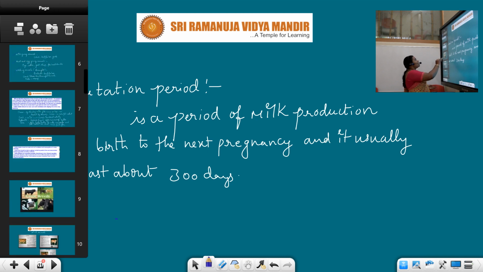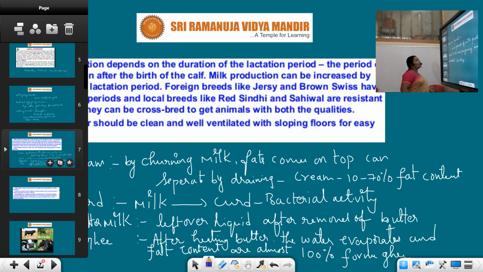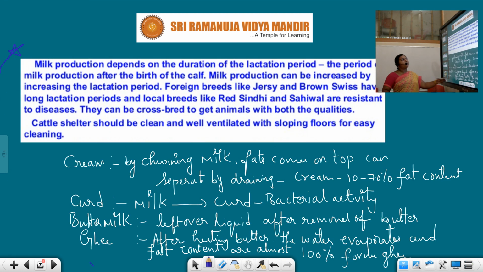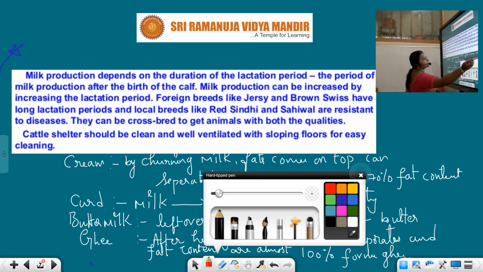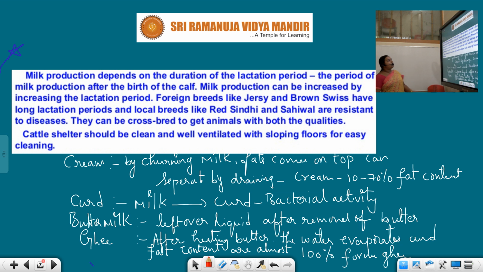Now see students, the milk production capability of a cow depends upon its lactation period, the period of milk production after the birth of the calf. Milk production can be increased by increasing the lactation period.